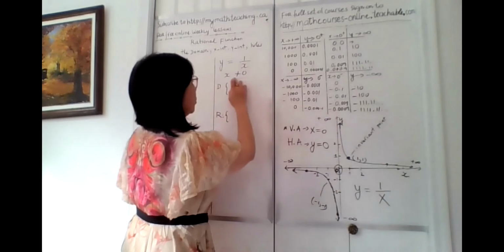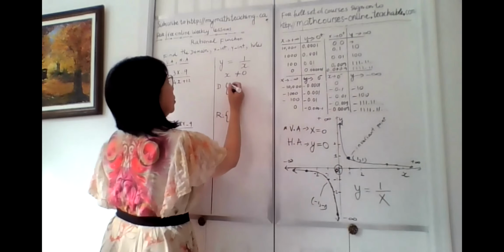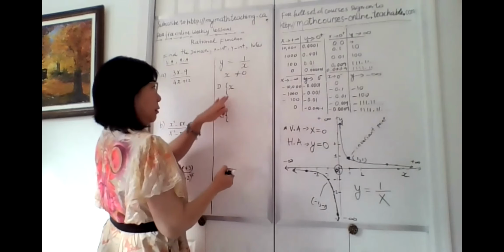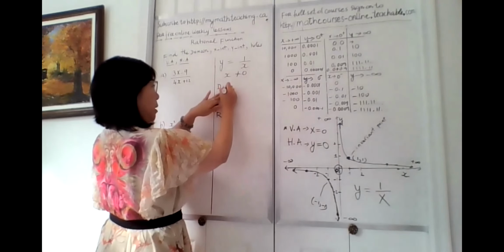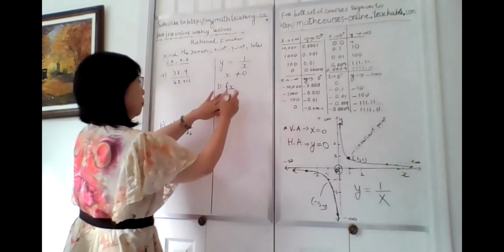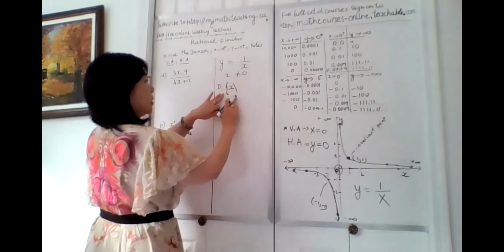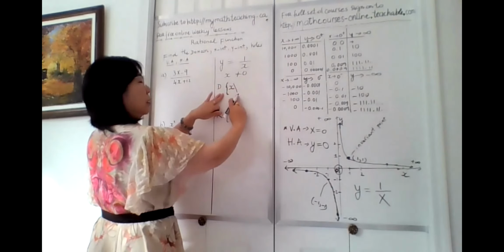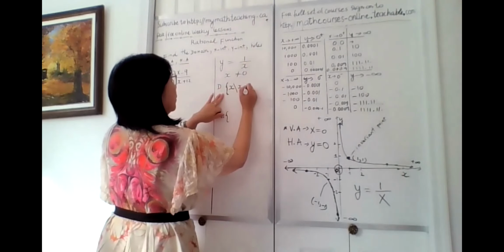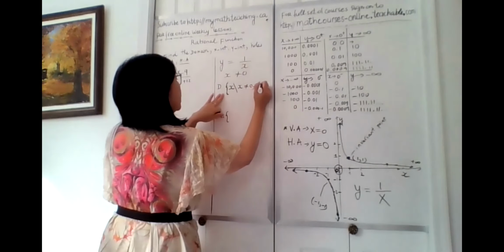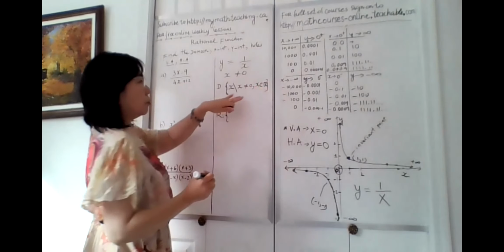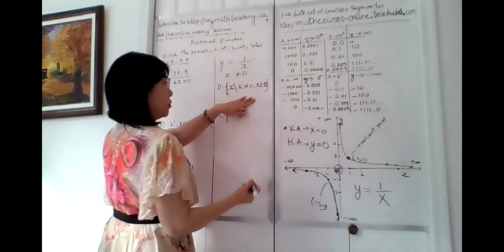Therefore, we have a restriction here, x cannot be 0. We put in the domain a set of x, in brackets, meaning a set, not just one value of x, but it could be x1, x2, x3. A set of x such that x has to be different from 0, and x belongs to the real numbers. And we close the bracket. So this is the x domain for this function.